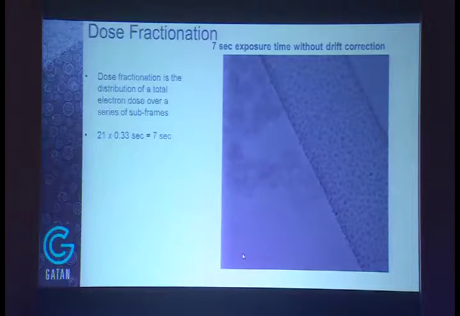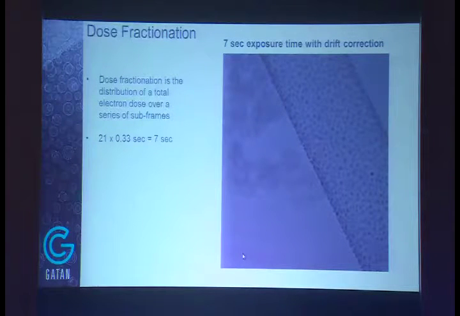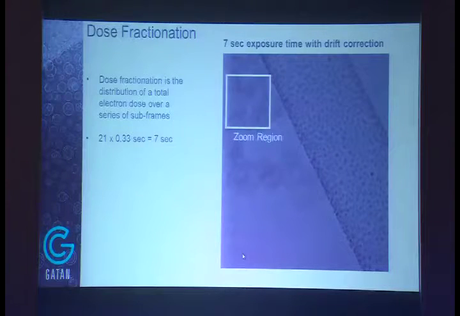When you have a fast camera, one of the first things you can do is collect frames and align those frames. If we have a relatively long exposure here, you can see that it was drifting during the exposure. If you correct for the drift in those images, you can align these frames so that the same feature is on top of the same feature in every subsequent image, right? And that's the first advantage you get from speed.